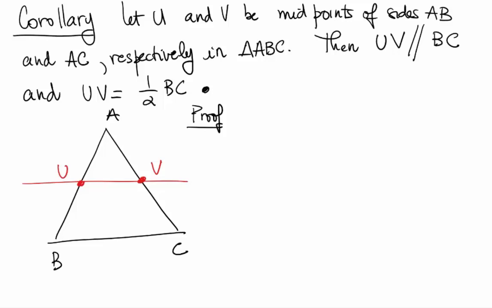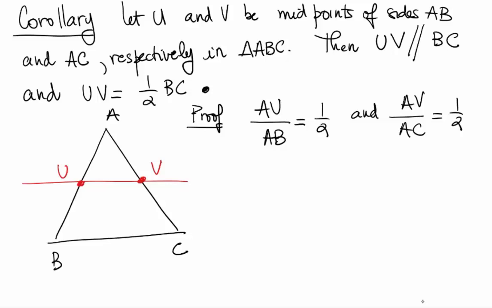So notice that the ratio AU over AB should be equal to 1/2, and the ratio AV over AC must also be 1/2.